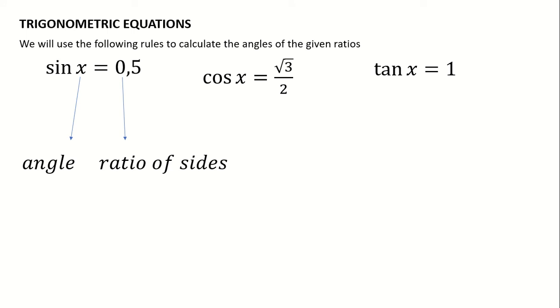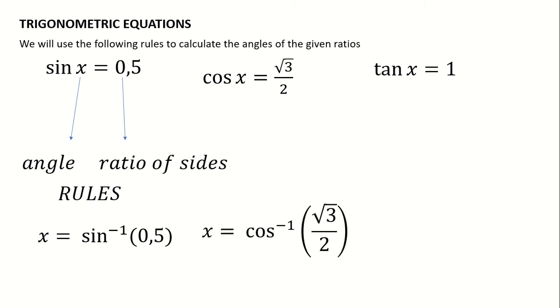Solve for that ratio. Now in this case, using the rules, x will be equal to arc sine of 0,5. In the second one, x will be arc cos of square root of 3 over 2, and the last one will be arc tan of 1.